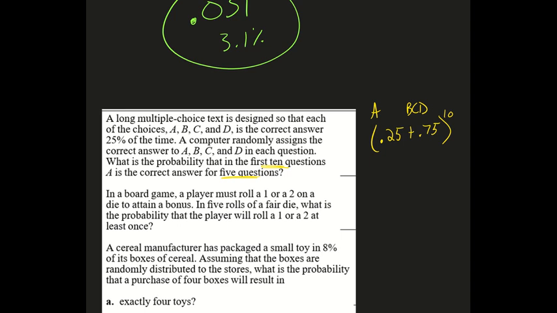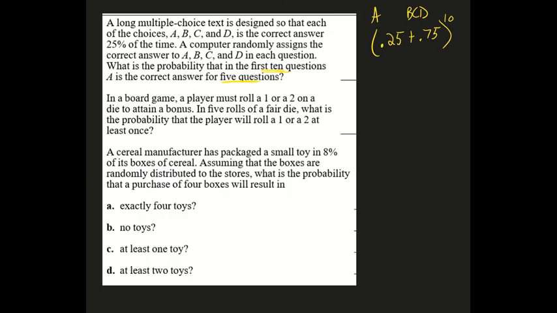So if A is the correct answer for 5 questions, because it doesn't give a range or at least, at most, whatever, we're looking at just when A is the correct answer for 5.